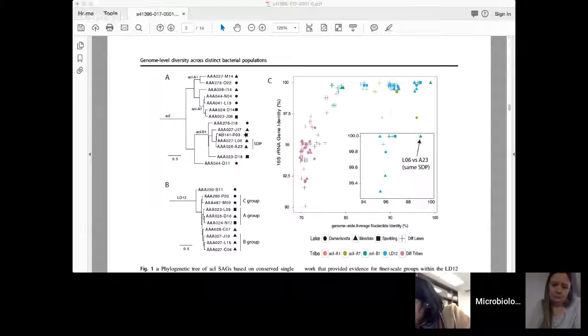I will say about figure 1C, I thought to myself, this is a really good illustration for people who are kind of new to thinking about why 16S ribosomal RNA genes do not give you the whole story.